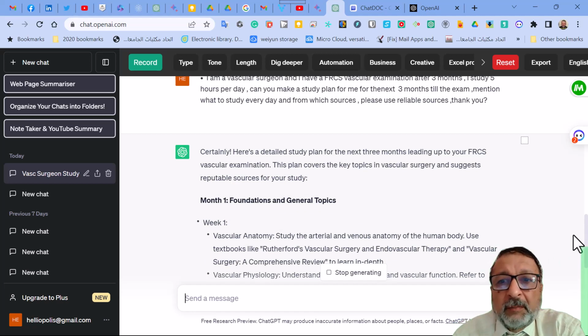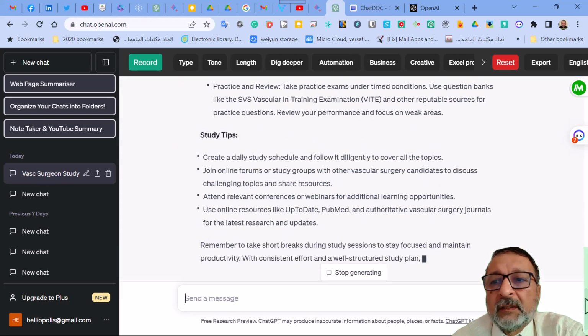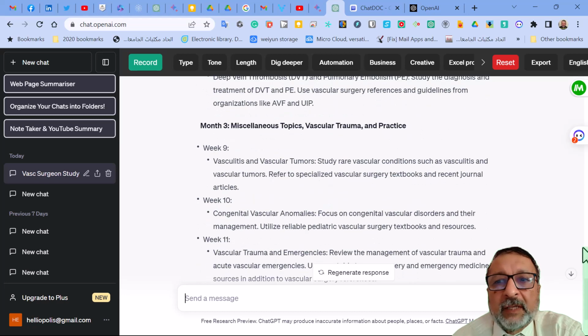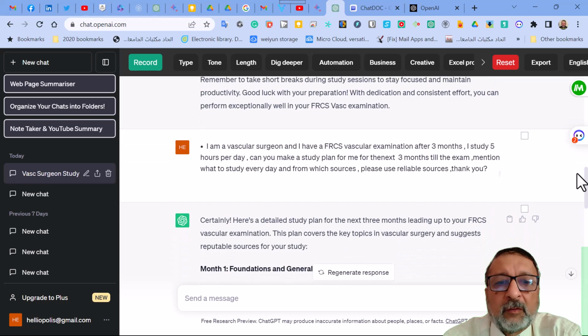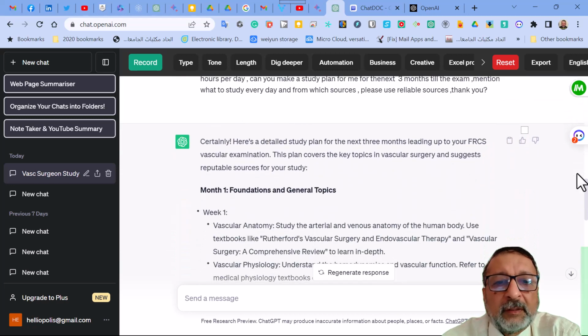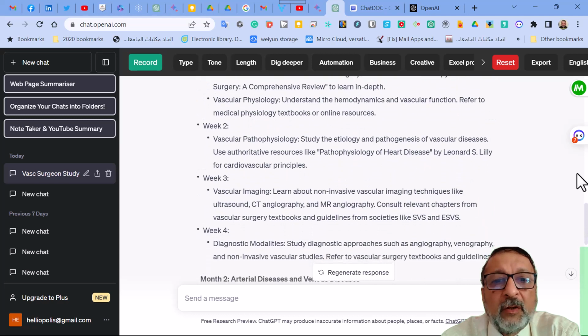Week number 1, you study vascular anatomy, and it mentioned Rutherford's book of vascular and endovascular surgery. So this is the foundation first month, first week, second week, third week.